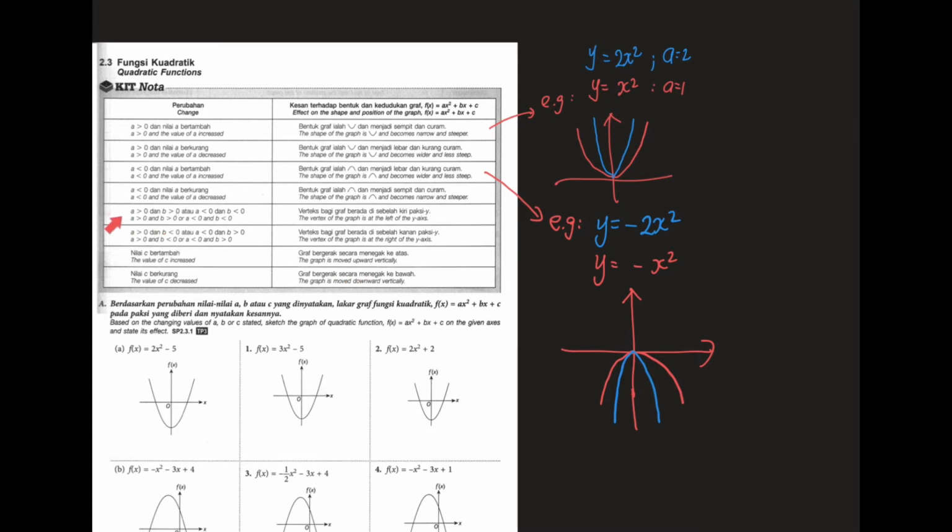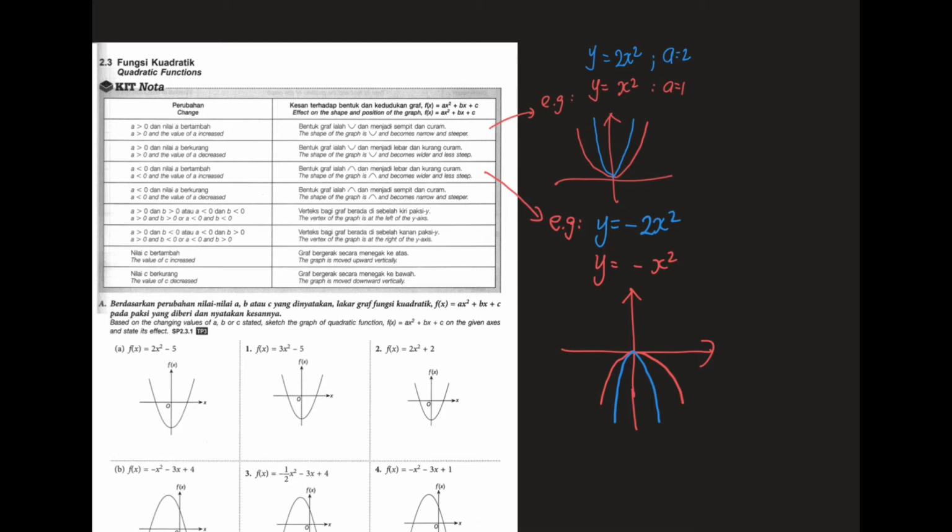Now the next one, a is greater than 0 and b is greater than 0, or a is less than 0 and b is less than 0. The vertex of the graph is at the left of the y-axis. Okay, so I put one example for this. I start with a more than 0 and b more than 0.